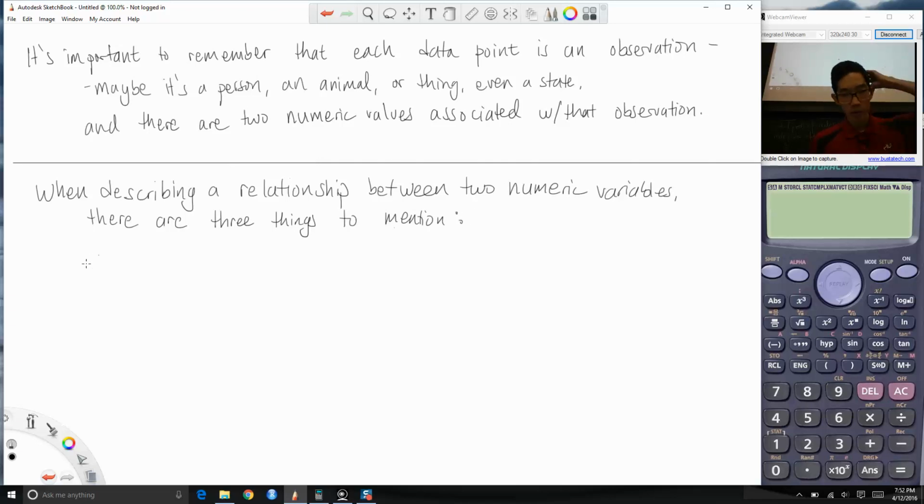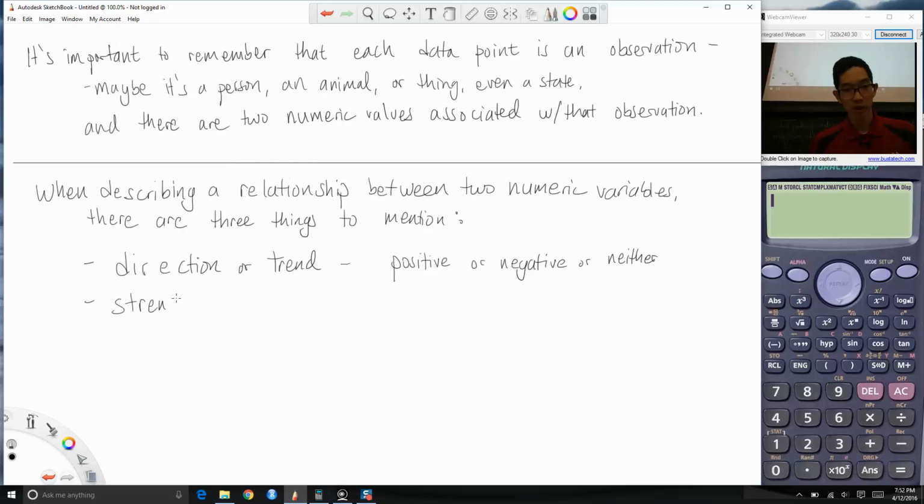Okay, so one is the direction or trend. And you use words like positive or negative or neither. Okay, then you also want to talk about the strength, and the strength can be anywhere from weak to moderate to strong.